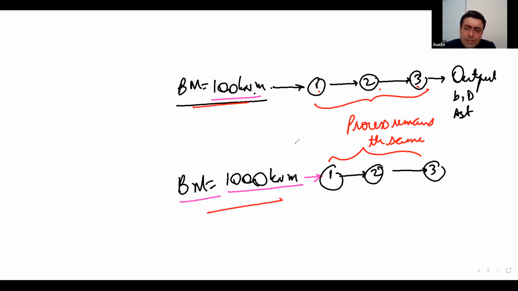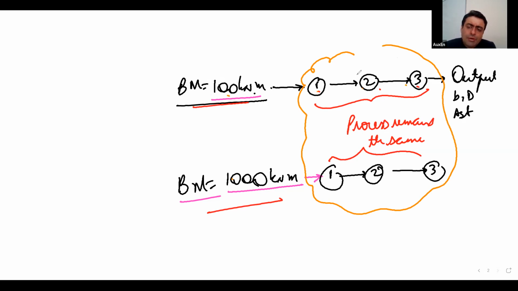So because this process remains the same, it is very easy to automate. I hope you are understanding. Whatever be the input, whether the bending moment is 100 or 1000, you have to follow these steps. So because the process remains the same, you can automate this.